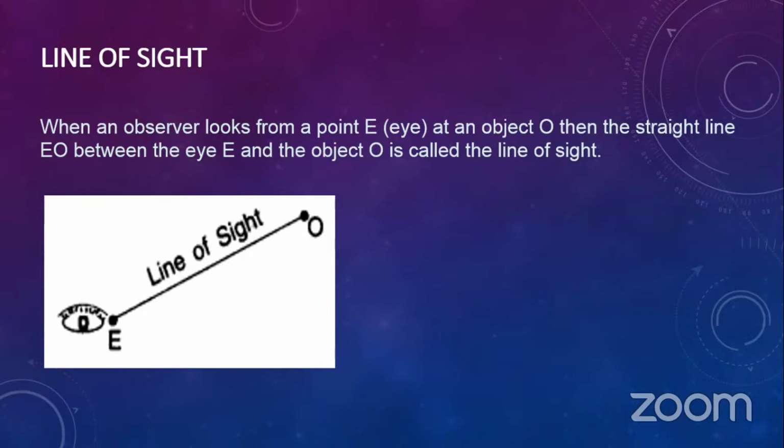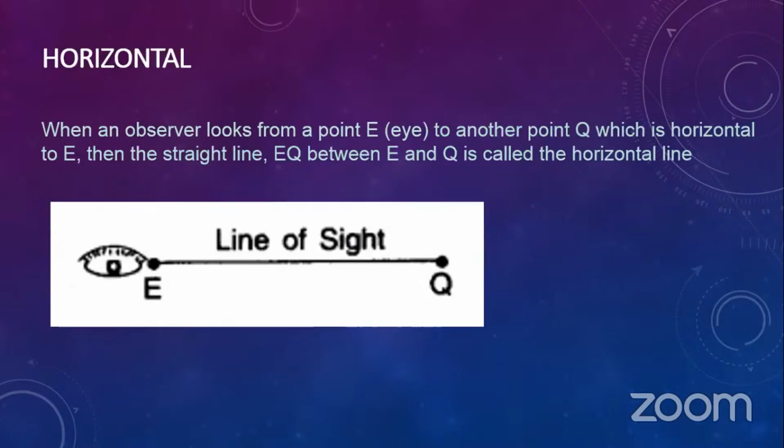Next, in this application of trigonometry, we need to keep in mind when we are solving questions, there is the horizontal line. So what is a horizontal line especially?